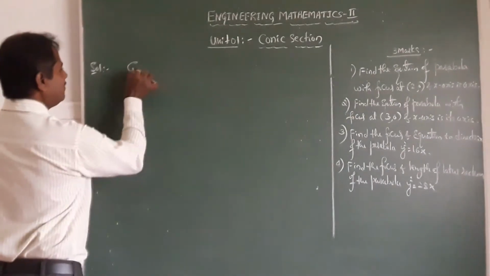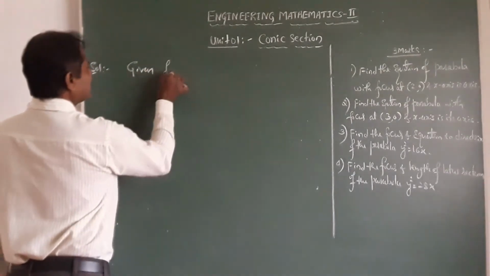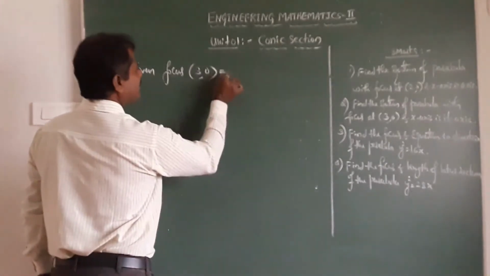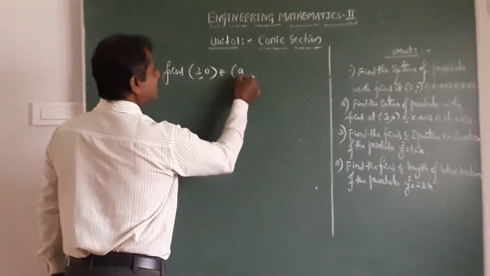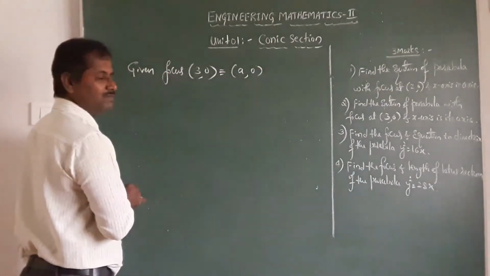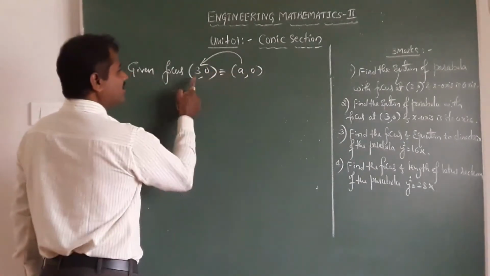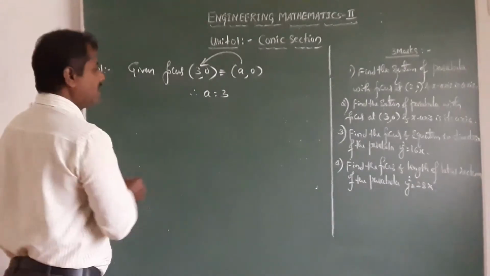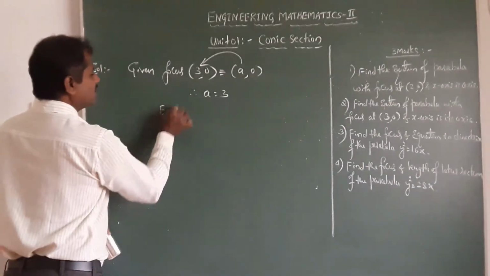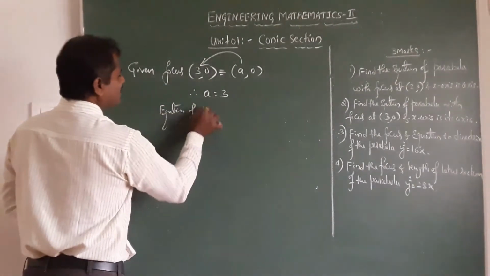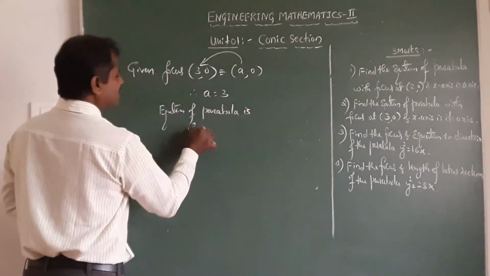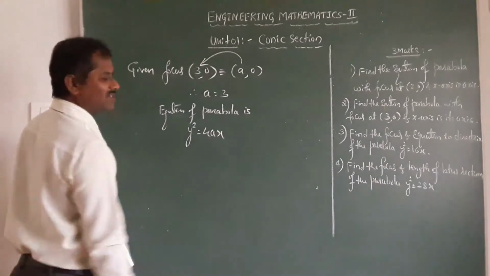So what is given? The focus is (3, 0), and this focus is in the form of (a, 0). Compare the value of a with this (3, 0). Therefore, what is the value of a? 3. And now we can find the equation of parabola. The equation of parabola along x-axis is y square is equal to 4ax.